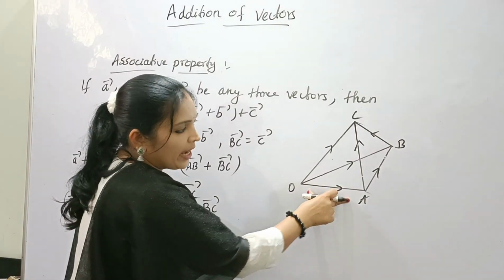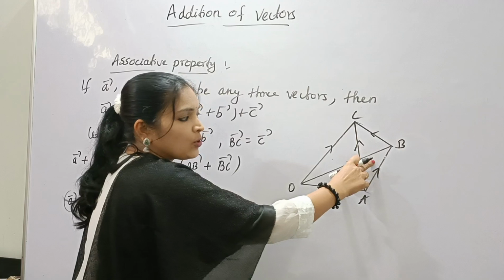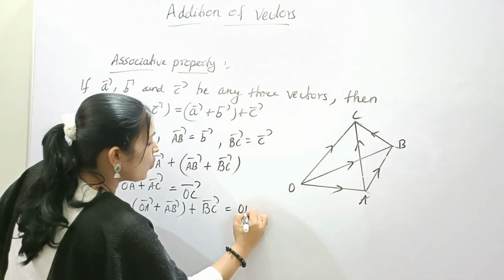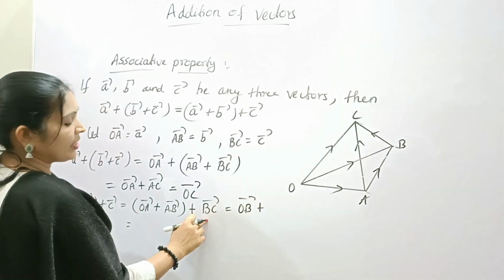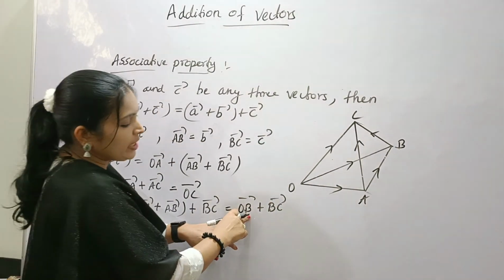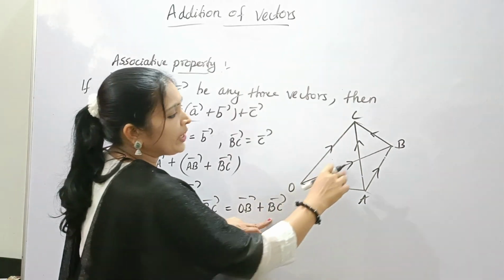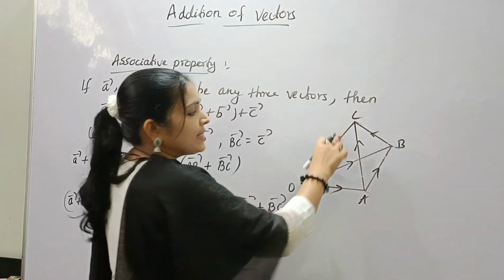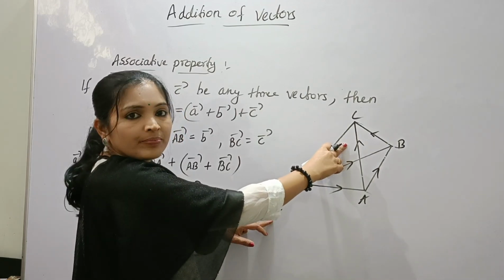That is vector OB plus vector BC, which is equal to vector OC.